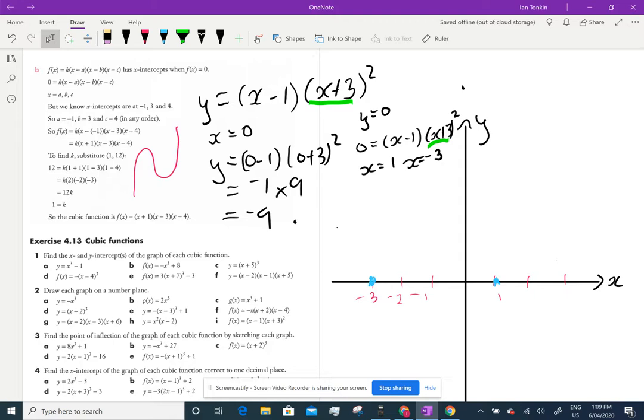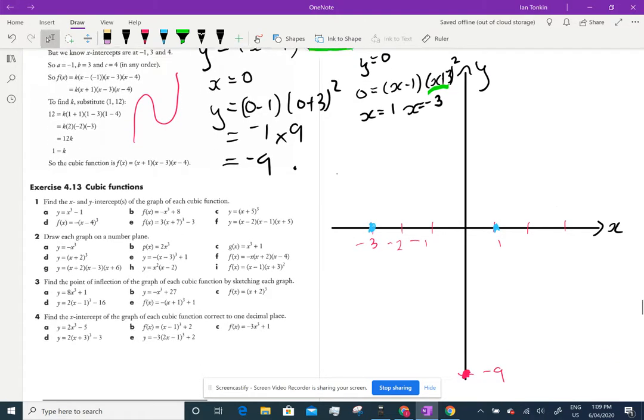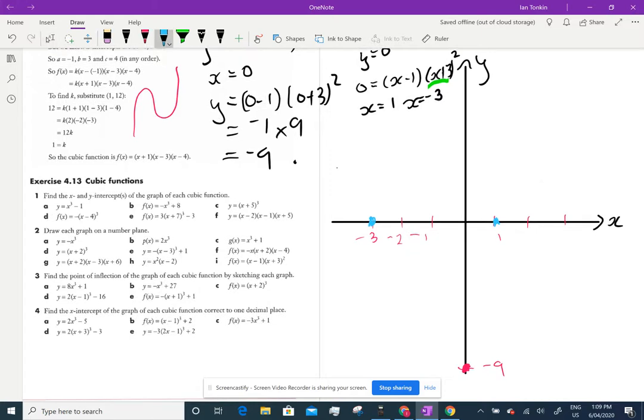We're going to explain it later with calculus, but a double root will be a turning point when it's written like that. So this curve comes up and it hits that point, it turns around. And then it comes down here, goes through 9. Oh, jeez, I'm doing that again.